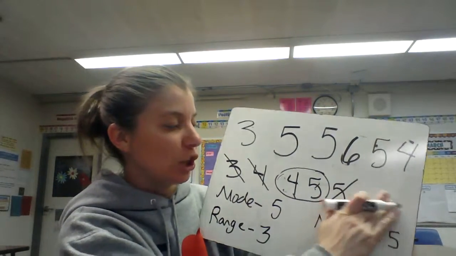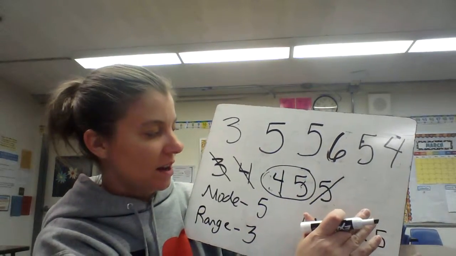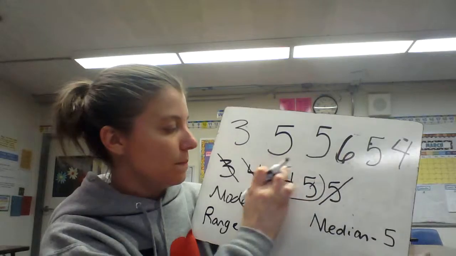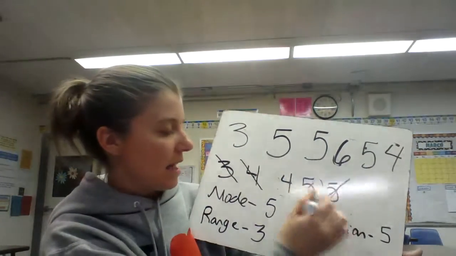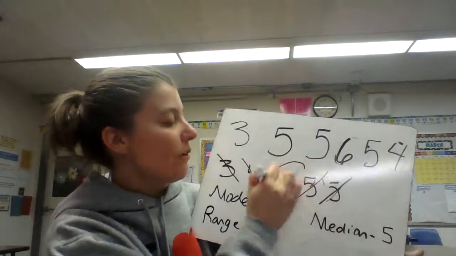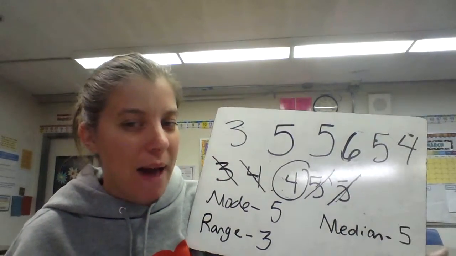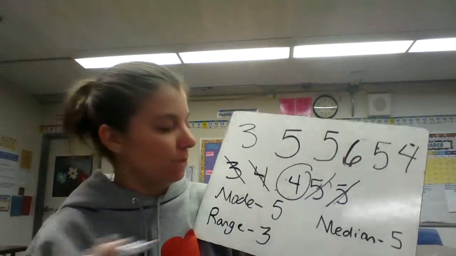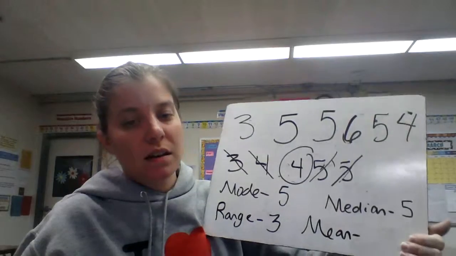Now, if I didn't include the dog and got rid of the 6, 4 would now be in the middle. We'll practice median more when I come back, but it's got to be in the middle. All right, and then the last one is mean.